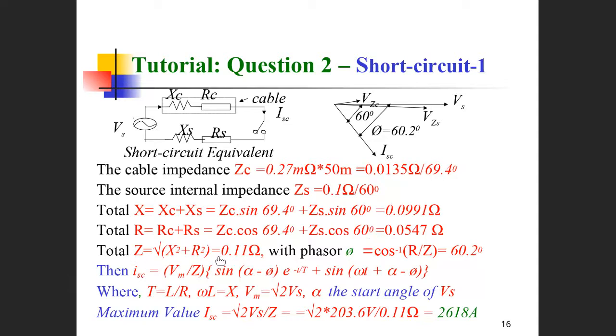Therefore, the total impedance of the system in the short circuit case, including both the cable and the internal impedance of the source, and the total impedance angle, which is the phase angle difference between the source voltage and source current, can be determined.